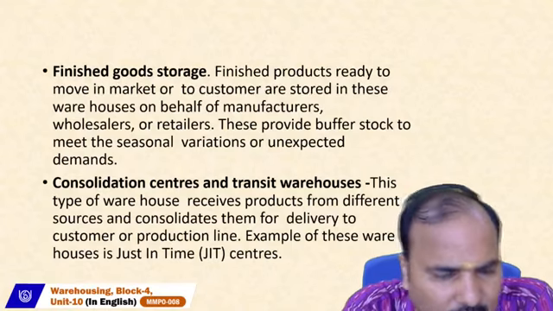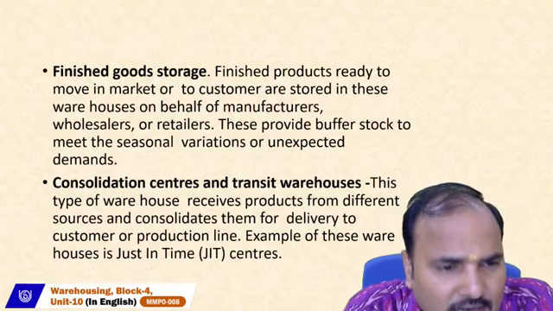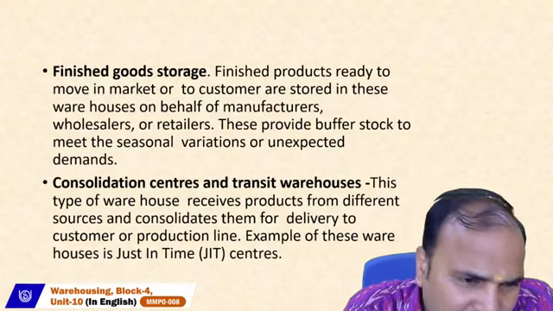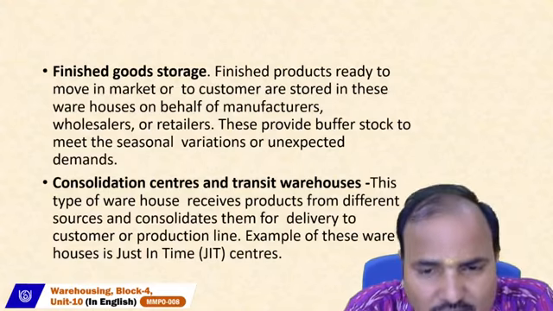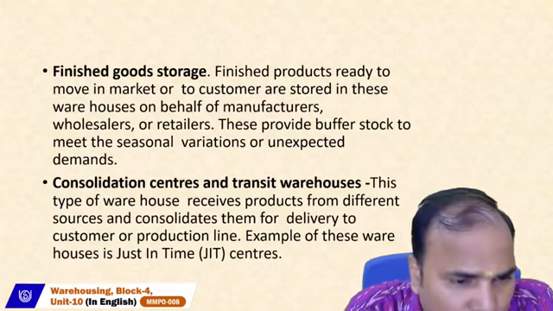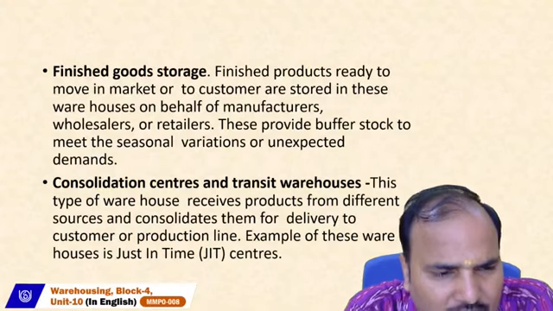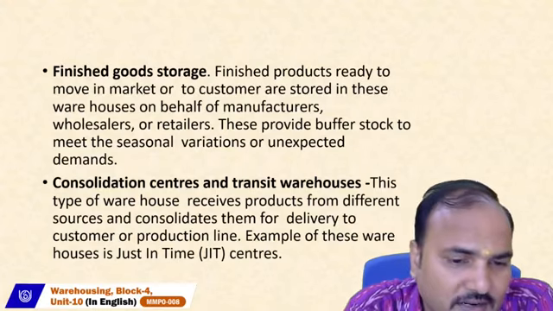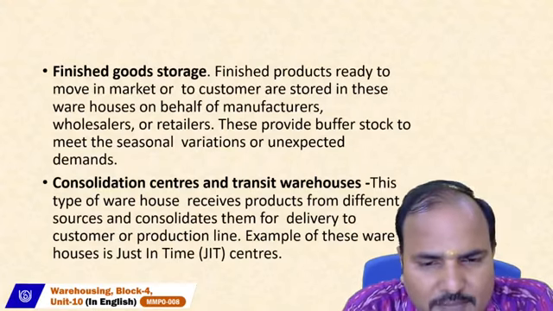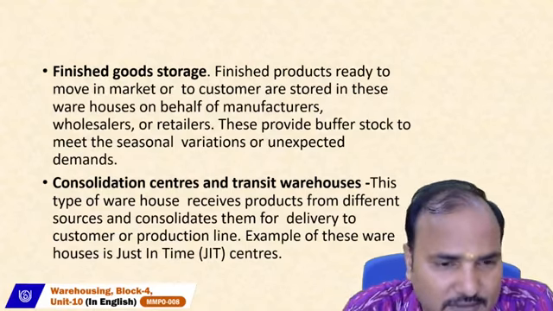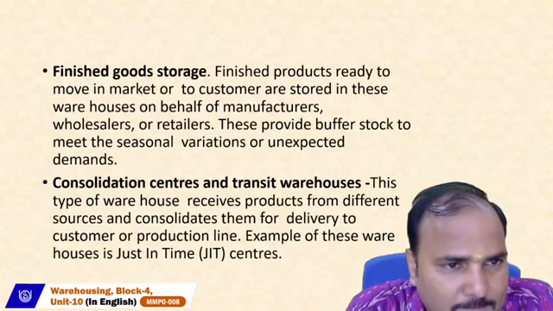Another is consolidation centers and transit warehouses. This type of warehouse receives products from different sources and consolidates them for delivery to the customer or production line. An example of these warehouses is just-in-time centers.